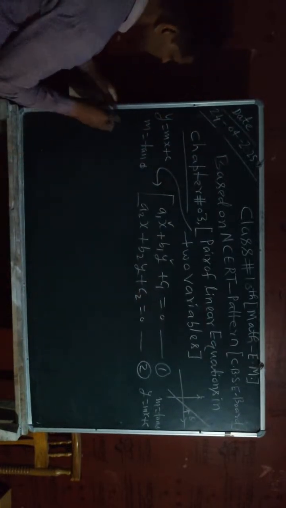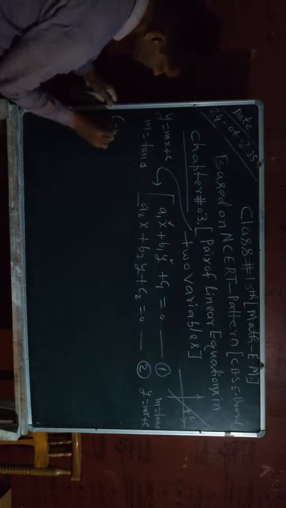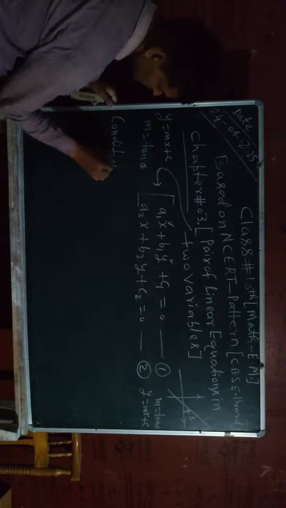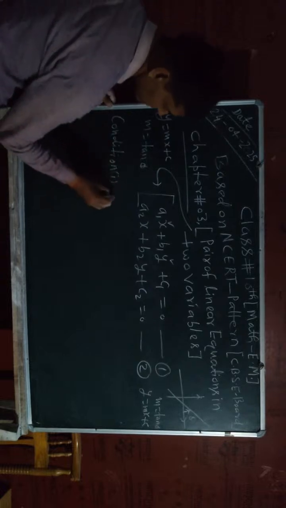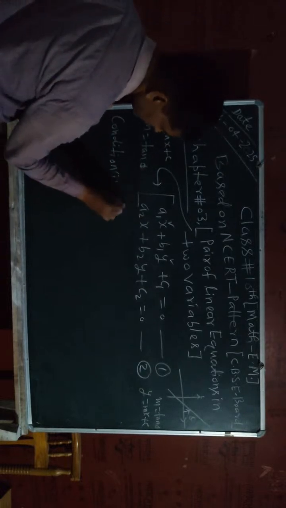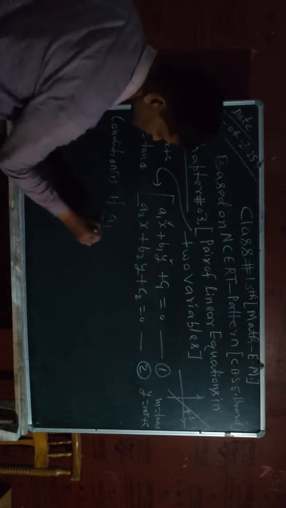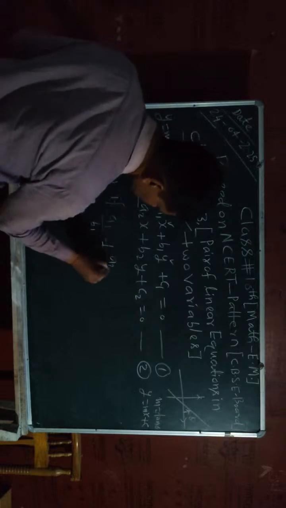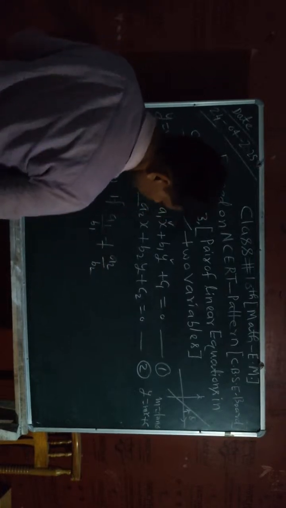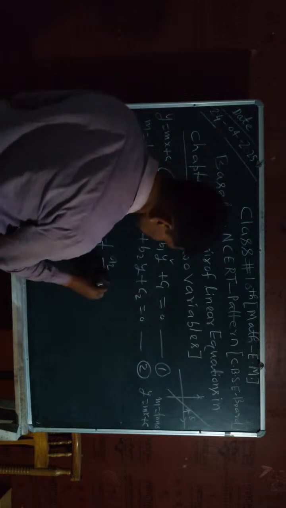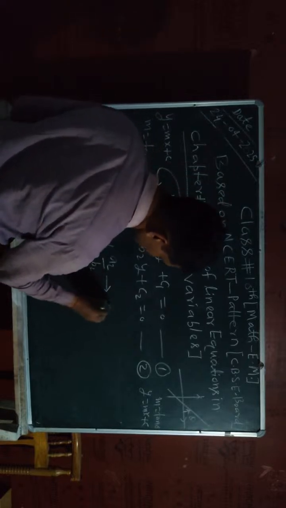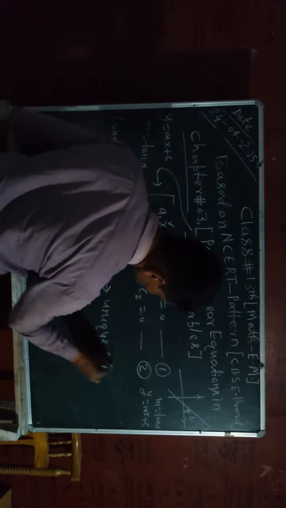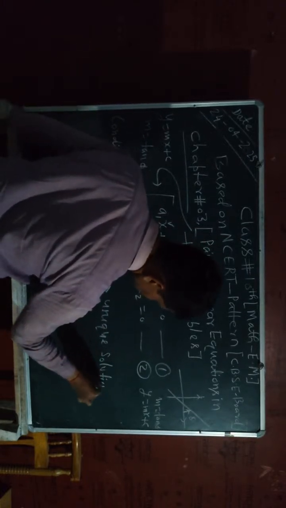Here I am going to say condition number one, or step number one. If a1 divided by b1 is not equal to a2 divided by b2, in this case there is a unique solution.